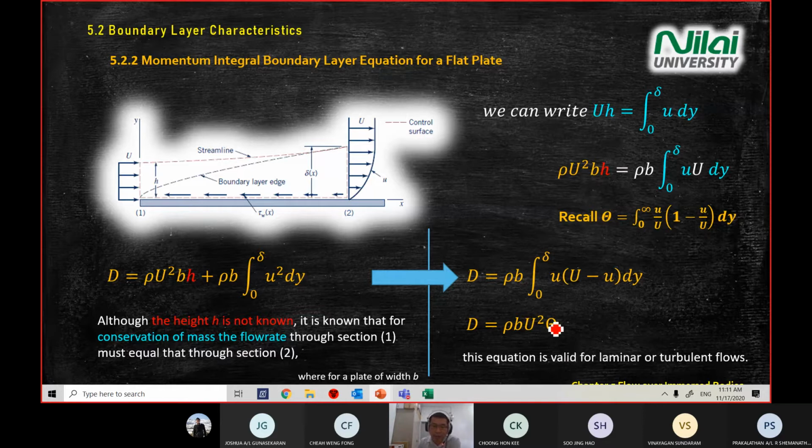In the earlier introduction, when we looked at momentum thickness, we already mentioned that every time you see this symbol, it means it links up with drag. And this equation is valid for either laminar or turbulent flow. It will be a similar case to our Darcy equation in chapter 3.